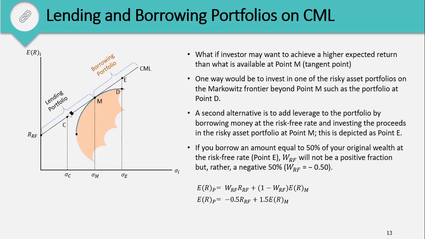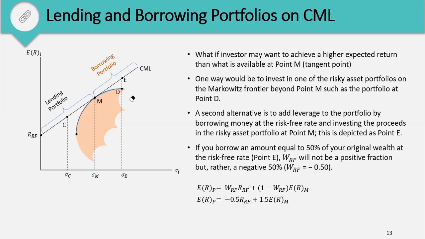When you are moving from the risk-free rate to the market portfolio, the weight of the risk-free rate will always be a positive value. When you are going above the market portfolio, the weight of the risk-free rate will become negative.